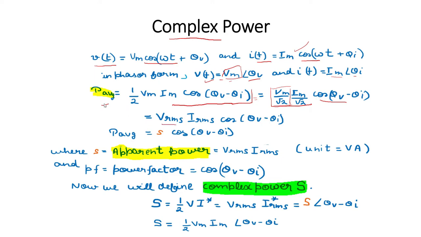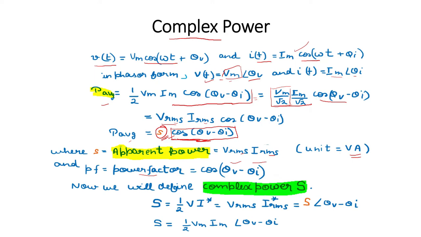So we can write the average power as Vrms into Irms and then cos(theta V minus theta I). Here we are introducing a new term S, which is also known as apparent power. So the apparent power is equal to Vrms into Irms, and its unit is volt ampere. This is multiplied by cos(theta V minus theta I), which is known as the power factor. This is a very important term. So the power factor PF is equal to the cosine of the phase difference between the voltage and the current.